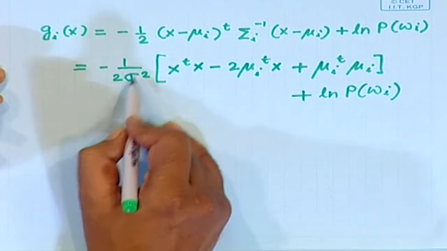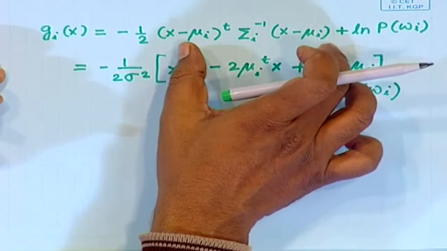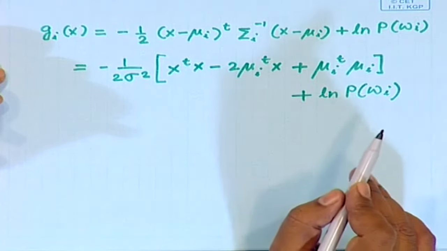So that is why here I get 1 upon 2σ², and if I simply expand this, I get this particular expansion.